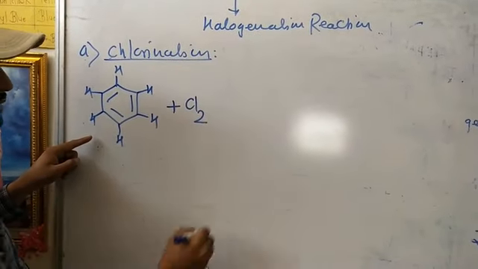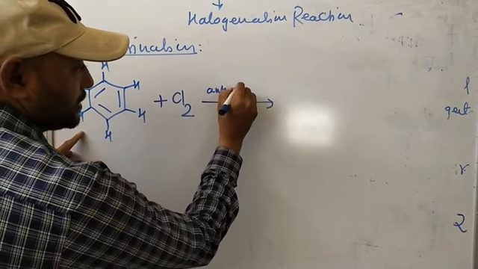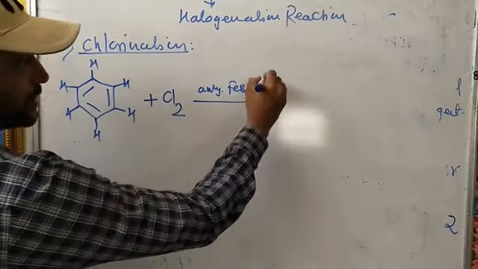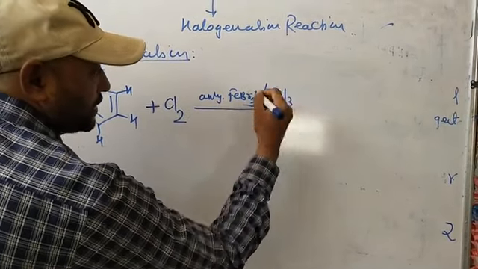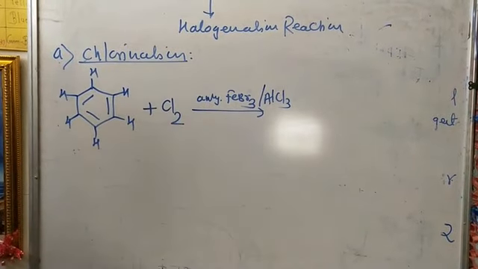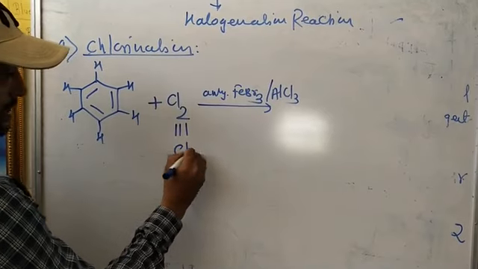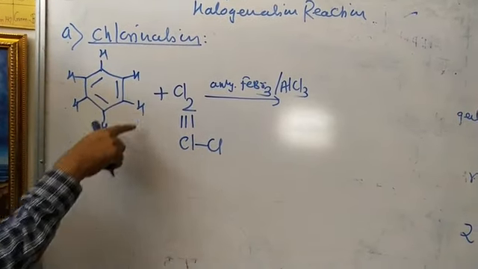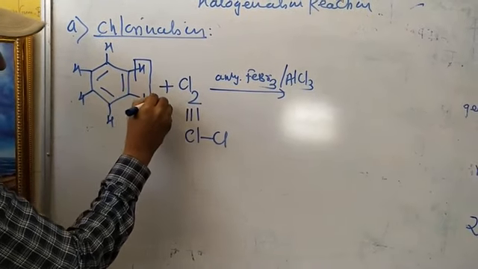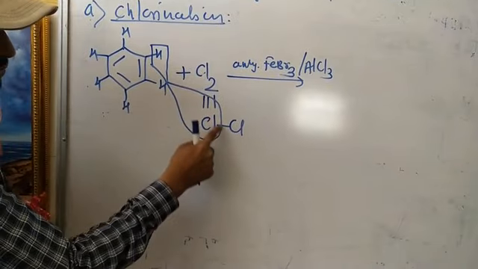Chlorine in presence of anhydrous FeBr3 or AlCl3. This acts as a Lewis acid. So the electrophilic substitution reaction is carried out like this: Cl single bond Cl. From this, any one hydrogen from benzene is replaced by one chlorine from Cl2.